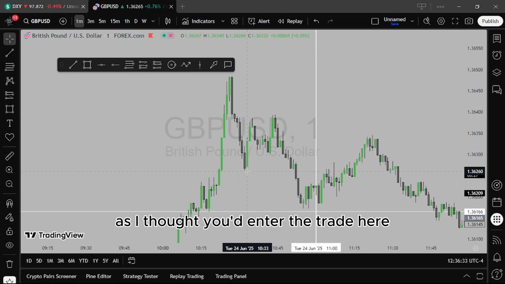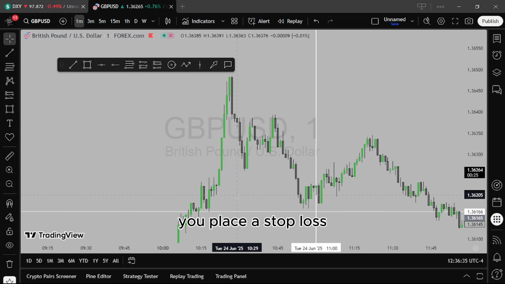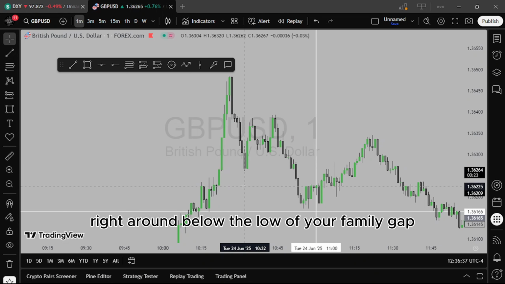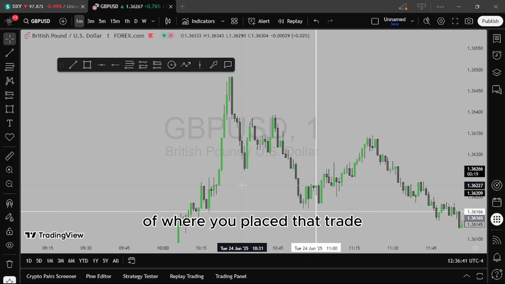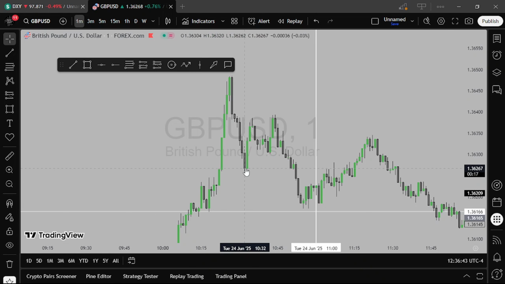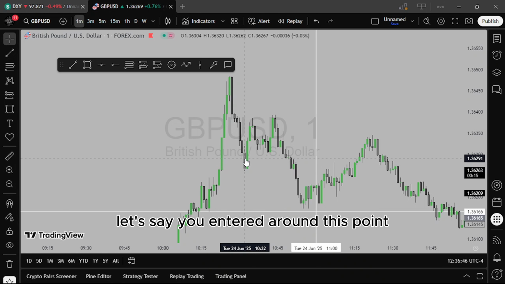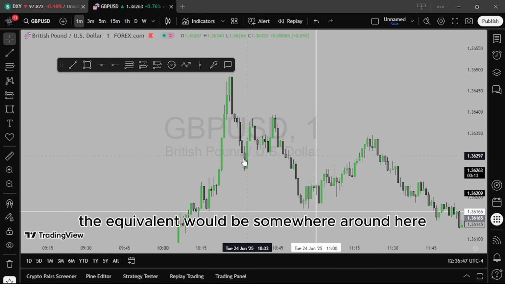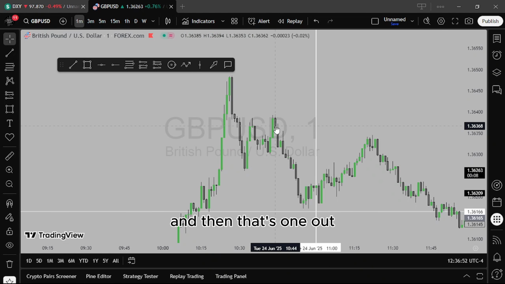As I taught, you enter the trade here and place a stop loss right around below the low of the fair value gap where you placed that trade. Let's say you entered around this point, your stop loss would be here, the equivalent would be somewhere around here, and that's one out.